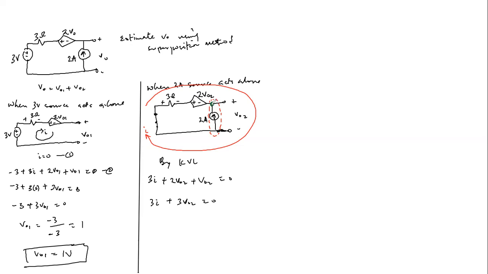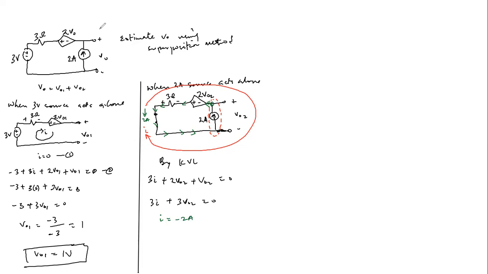Ideally at the node the current is supposed to split into two directions, but this is an open circuit, so no current flows through it, and the entire current flows in this part. Now you observe that the direction of the 2 amp current flow is opposite to the super mesh current. So this is 2 amp flowing.